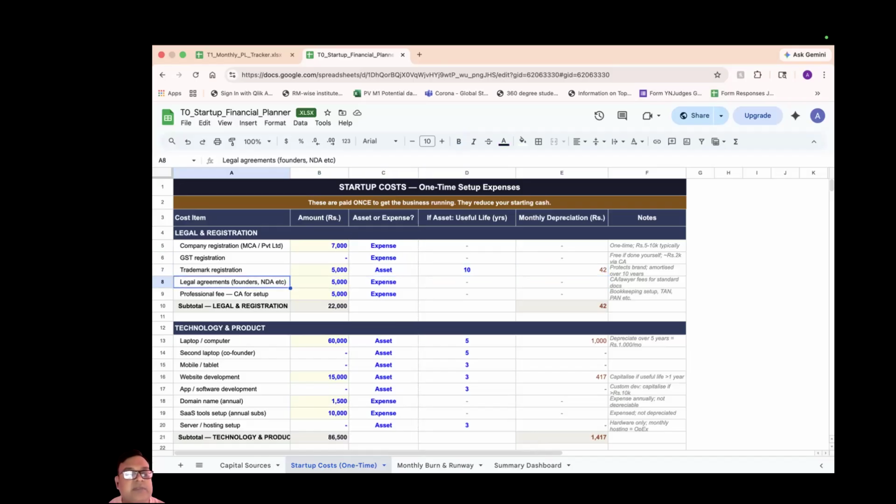Then comes the legal agreements, the founders agreement or the NDA, that is the non-disclosure agreement. We'll talk about that. Okay. So, for example, there are two founders and you really want to be assured that both the founders work cohesively, they listen to each other, they agree to disagree, right?